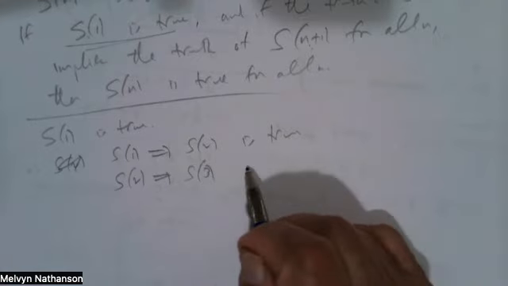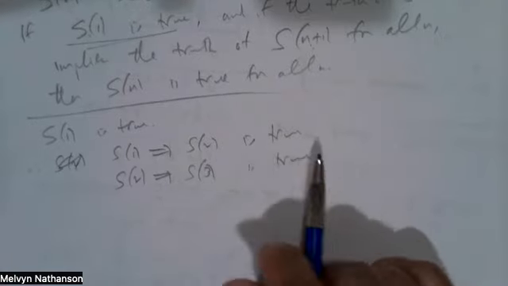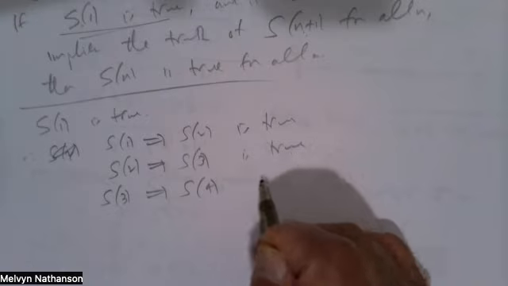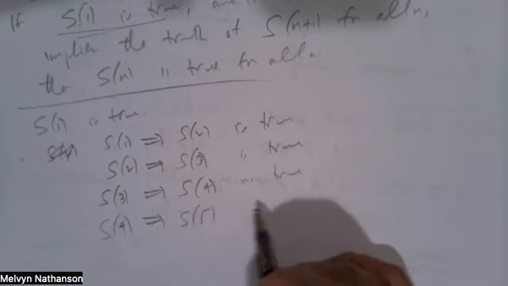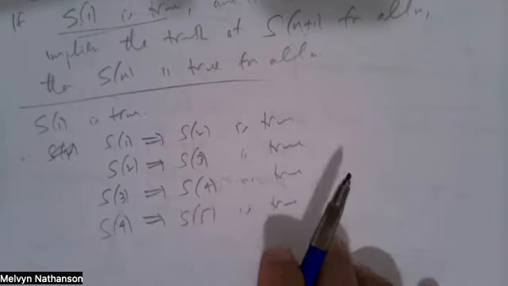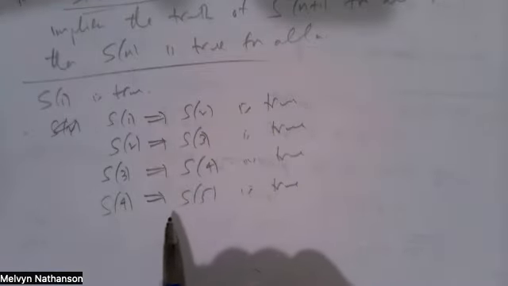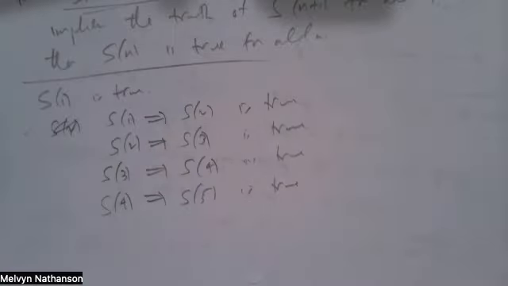But if it's true for S of 2, it's true for S of 3. But if it's true for S of 3, it's true for S of 4. And if it's true for S of 4, it's true for S of 5. And you can imagine if you continue this forever, you see that S of n is true for all n. And that's exactly what the principle of mathematical induction says.